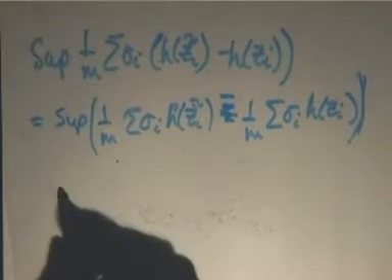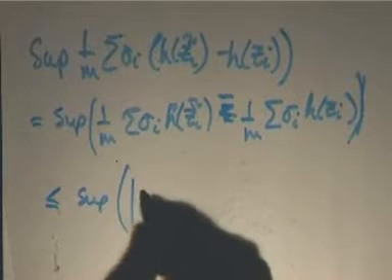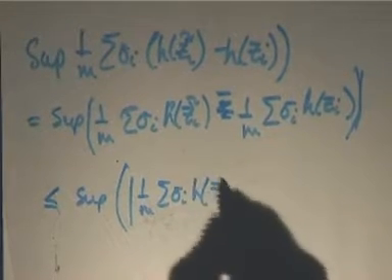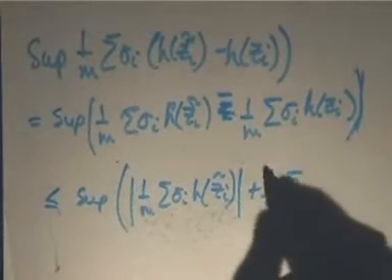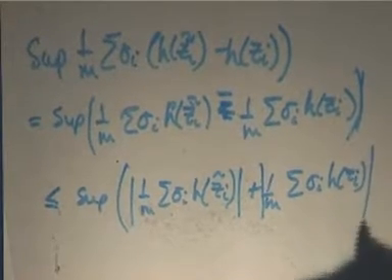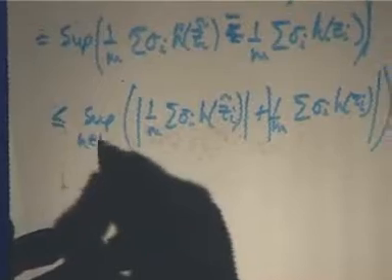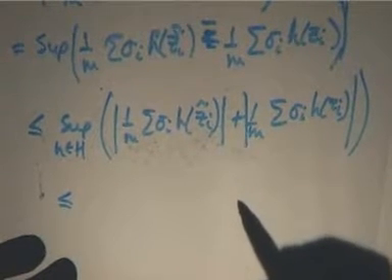And now I'm going to say that's less than or equal to the sup of 1 over m sum sigma_i h(z_i tilde) plus 1 over m sum sigma_i h(z_i). And then that's less than or equal to, I can choose the sup individually. This is sup over h in H. So this is one size, but if I can choose the h for this part and for this part separately, I'm going to do better still.